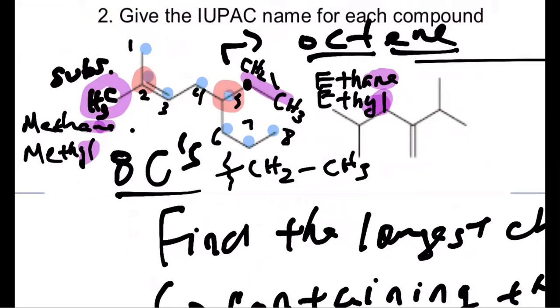Is it trans or is it cis or is it E or is it Z, or can we not determine it? Yeah, you can't determine it. Well, no, it's not terminal, but it's got the same substituent twice on the alkene. So you won't be able to determine.